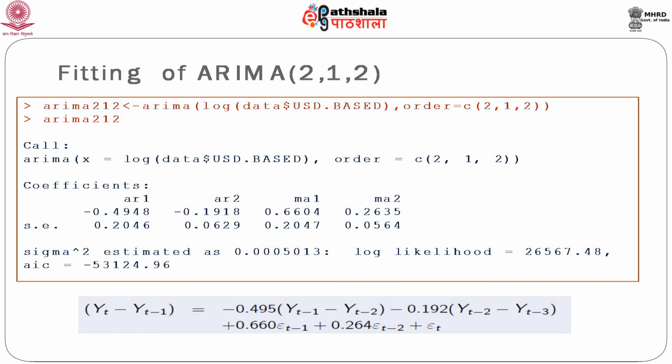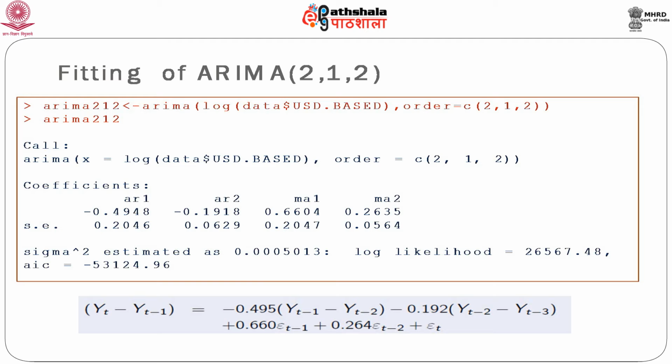And finally the model that we get from this fitting is yt minus yt-1 equals minus 0.95 into yt-1 minus yt-2, minus 0.192 into yt-2 minus yt-3, plus 0.660, the moving average coefficient, epsilon t-1, plus the second moving average coefficient 0.263, so 0.264, epsilon t-2, plus epsilon t. So that is the ARIMA model that was fitted.